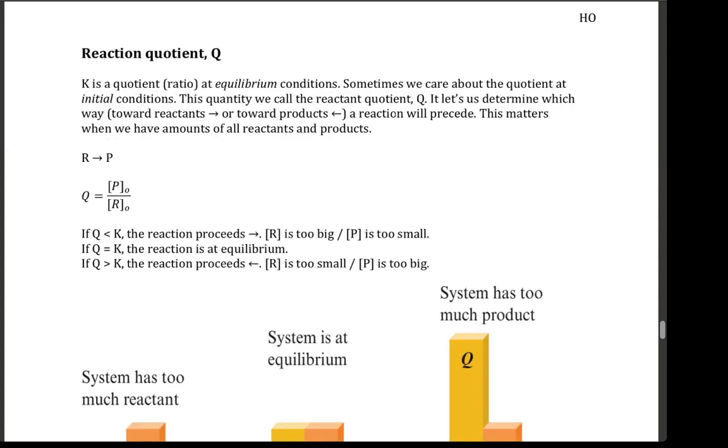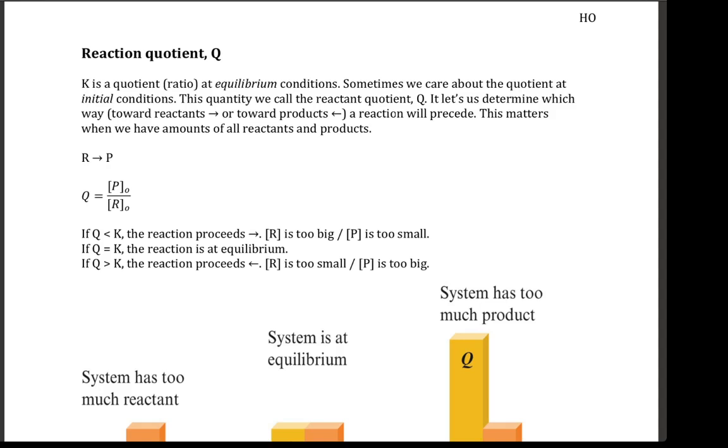Our next section is the reaction quotient. A reminder, K is a quotient, it's a ratio, at equilibrium conditions. But sometimes we care about the quotient at initial conditions.